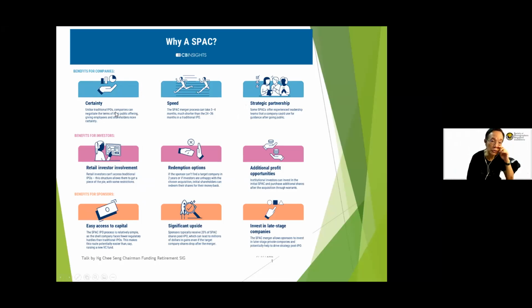Unlike traditional IPO, companies can negotiate the terms of their public listing offering, giving employees and shareholders more certainty, right? So why do people go for SPAC? Because they feel that there's more certainty, right?